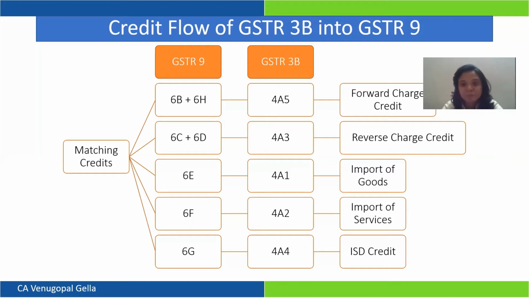One tip here would be, just in case there are errors in GSTR 3B, that is, if all my credits I have shown in 4A5, then while reporting in GSTR-9, I can do that interhead correction. Basically, all the credits coming in 4A5, I can divide them into 6B to 6H while reporting in GSTR-9.